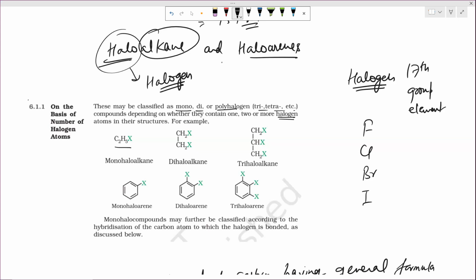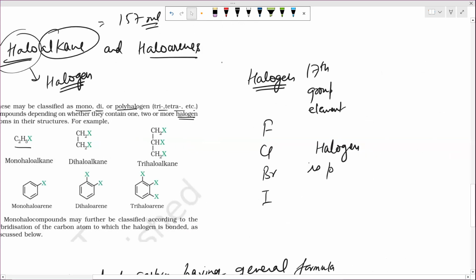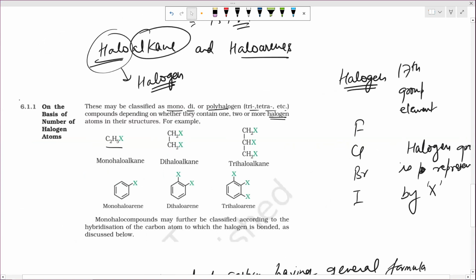One thing you need to note down: halogen group is represented by X. So if it is written C2H5X, X means only one halogen group is there.